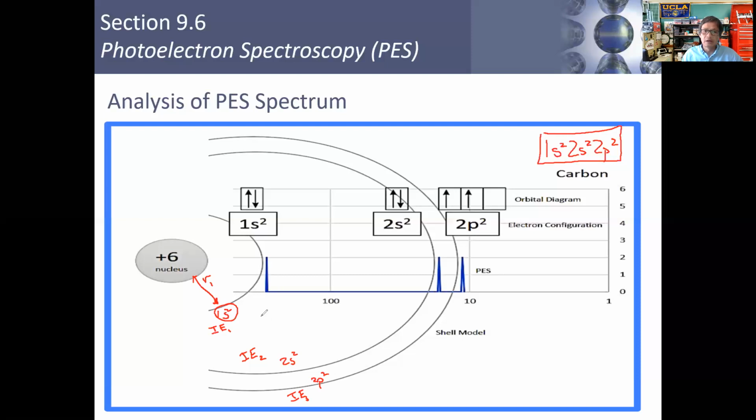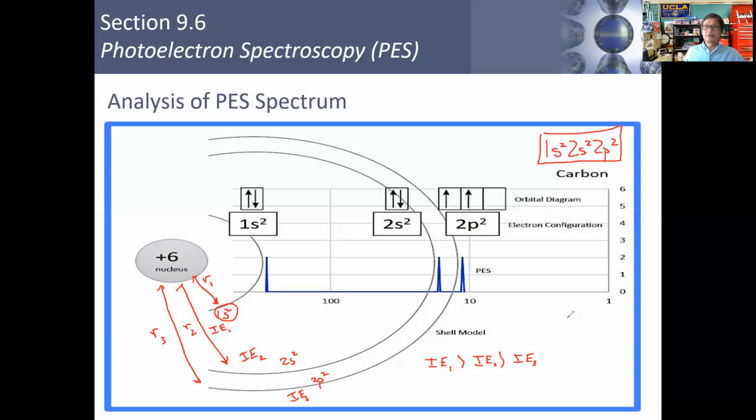So that means that as the distance gets further and further away, we saw with Coulomb's law that the energy that binds it is going to be lower and lower. Therefore, the ionization energy for the 1s is going to be greater than the ionization energy for the second, which is going to be greater than the ionization energy for the third.